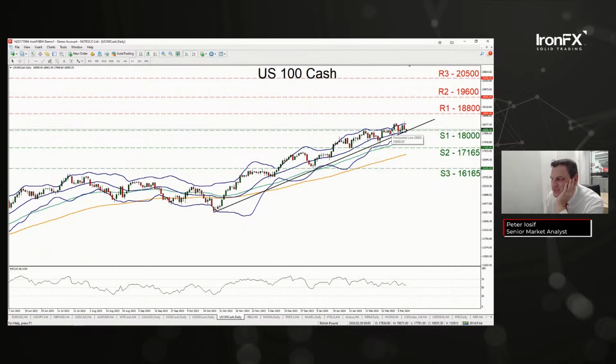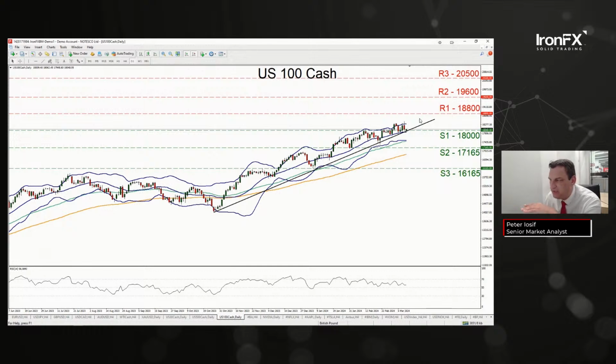There was some slight stabilization of the index. Note how it has difficulty actually marking higher highs. The differential is narrowing, which more or less could imply that the bulls are having difficulty to form higher highs in the path towards the 18,800.